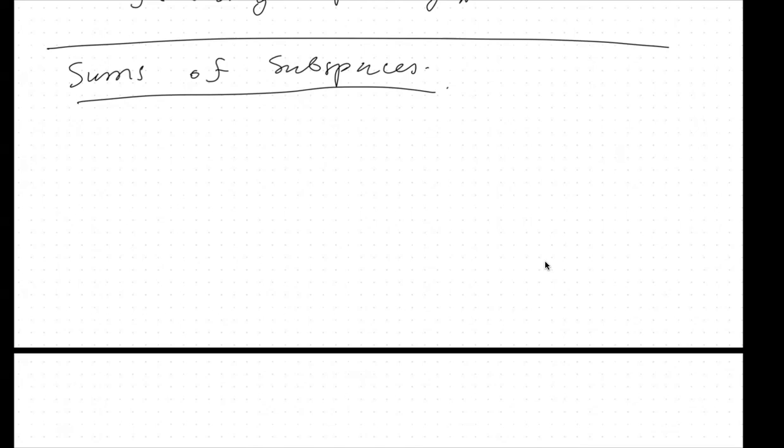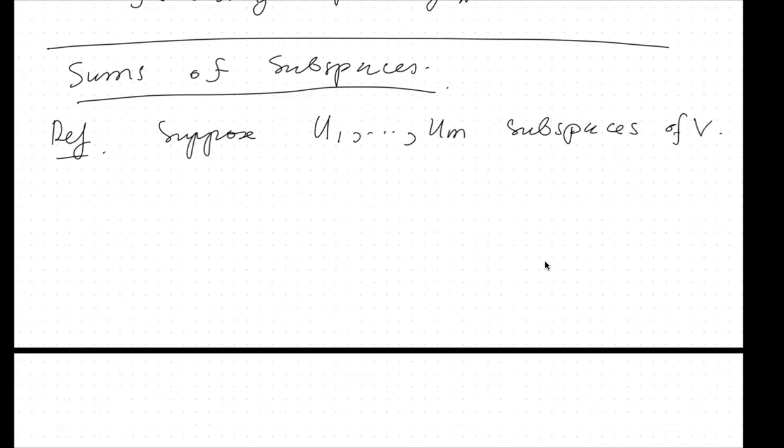So now we go to sums of subspaces. Now we define, suppose that we have U1 up to UM subspaces of our vector space V. Not necessarily subspaces, but let's loosen the condition, subsets of V.